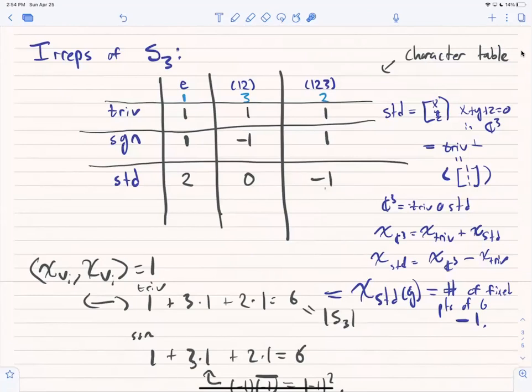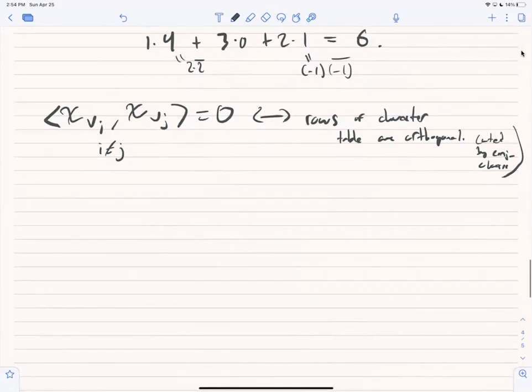There are other nice things going on here too. For example, if you look at this first column, we get 1 squared plus 1 squared plus 2 squared equal to 6, which is the size of S3.